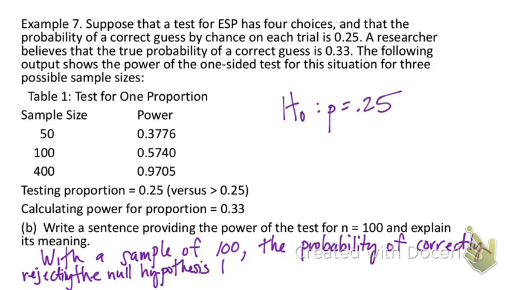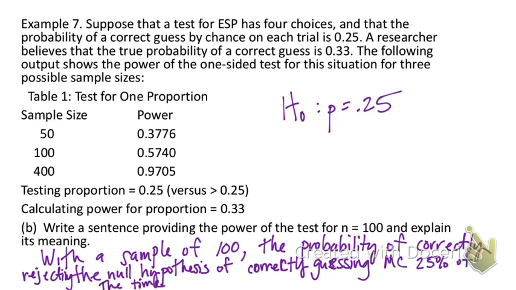that is, of correctly guessing multiple choice 25% of the time. That's why I'm giving it to you. So, the probability of correctly rejecting the null hypothesis, which I'm just stating in context.